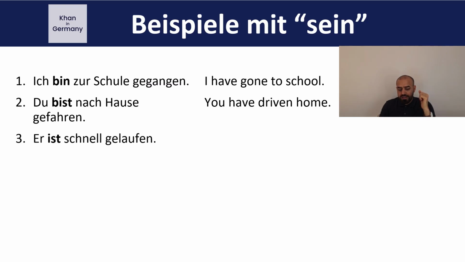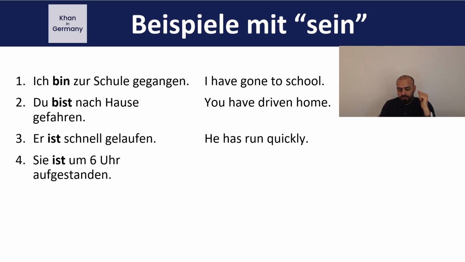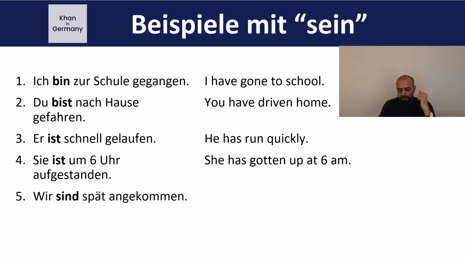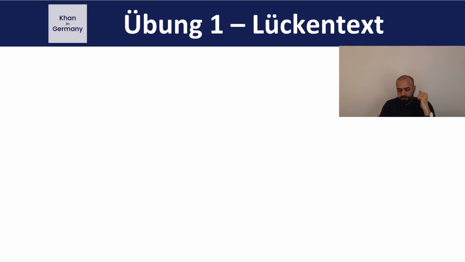Er ist schnell gelaufen. He has run quickly. Sie ist um 6 Uhr aufgestanden. That's the state change we're talking about now. She has gotten up at 6 a.m. Wir sind spät angekommen. We have arrived late.